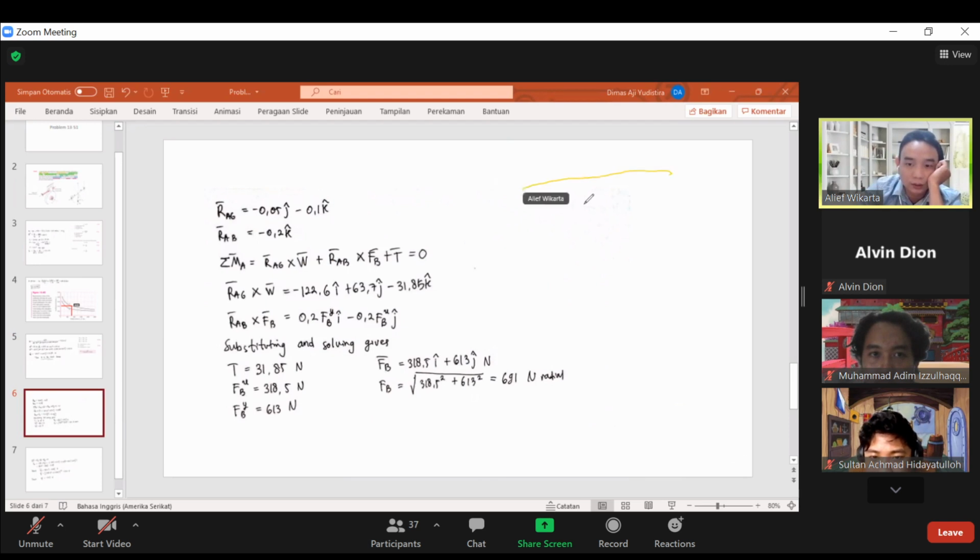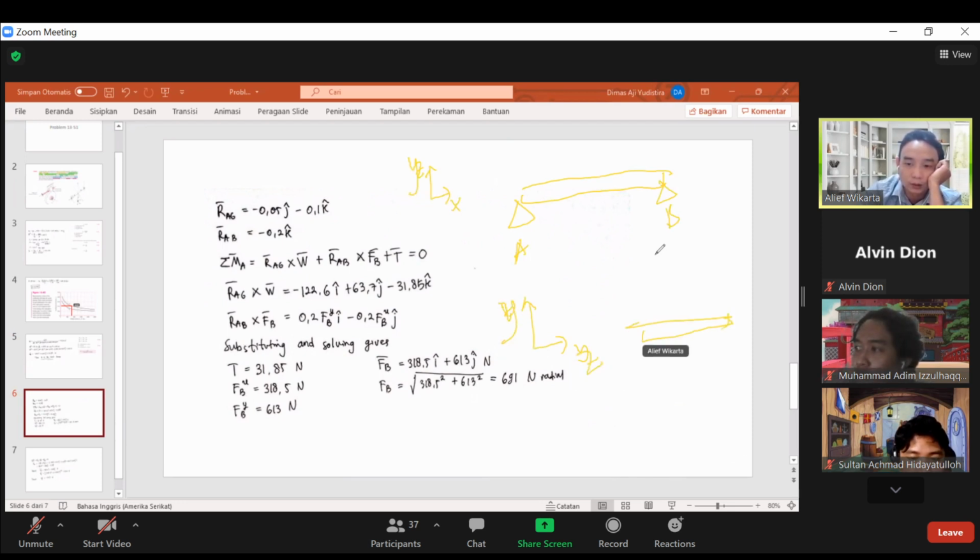Just draw the beam, and this is bearing A, this is bearing B, and then you see this one is X and Z, or maybe Y and Z, sorry, should be Y. So Z and Y, you should draw another one. Maybe this is the vertical plane and this is the horizontal plane. It will be easy for us, in my opinion.